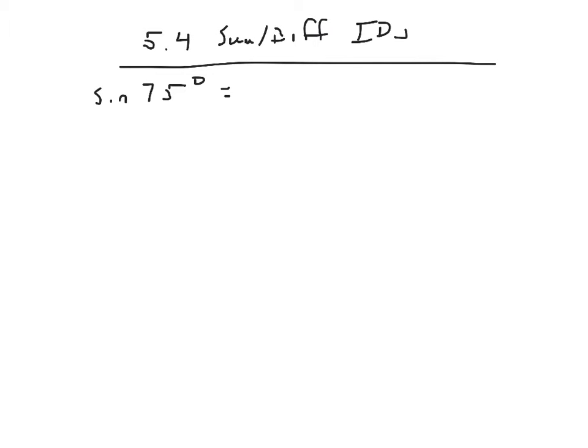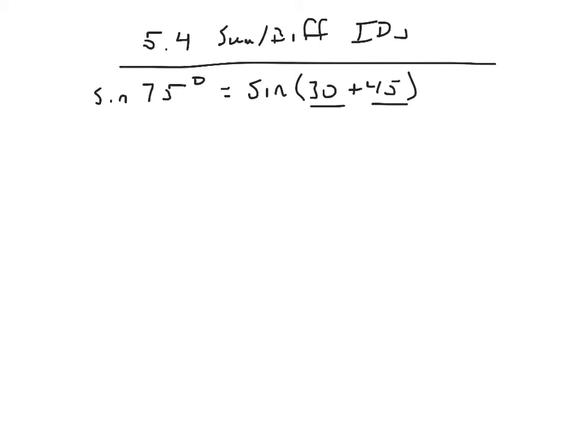So I can say that the sine of 75 is the same as the sine of 30 plus 45 degrees. The sine of 75 and the sine of 30 plus 45 are in fact the same angle. So now what I can do though is, since I've turned this into the sine of something plus something else, if you look on your identity sheet, towards the middle there should be a box that says sum and difference identities.